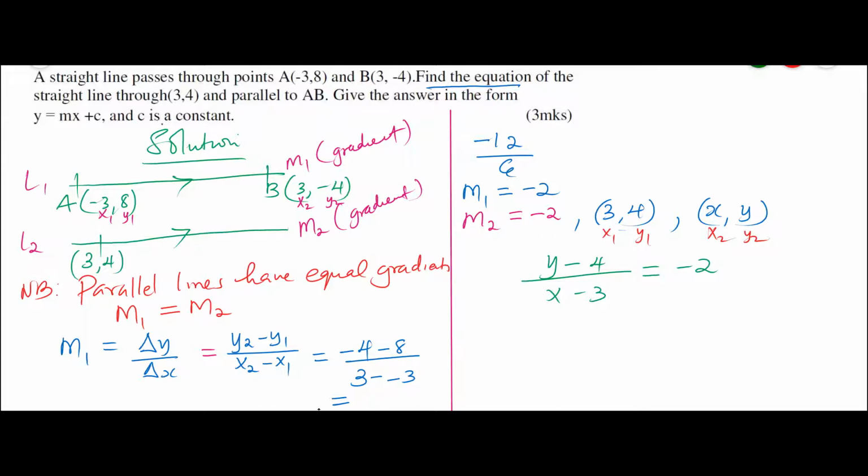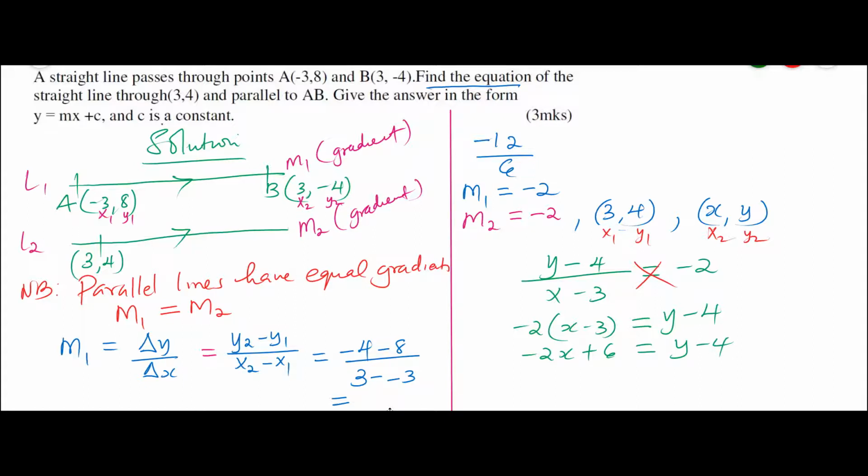To get this, we can cross multiply. We take -2 multiplied by (x minus 3) is equal to y minus 4. This gives us -2x plus 6 is equal to y minus 4.